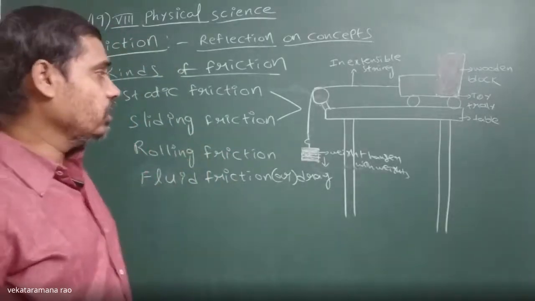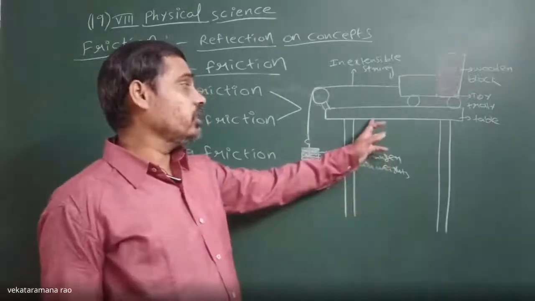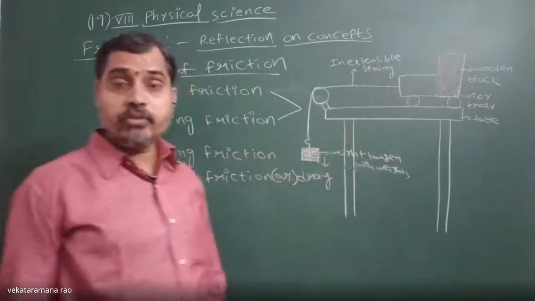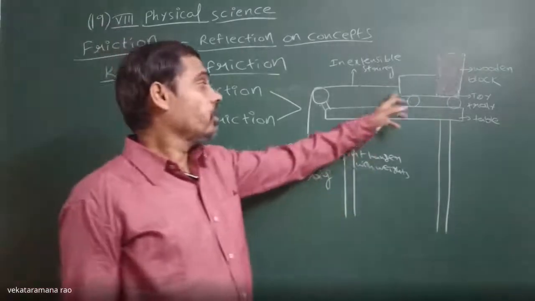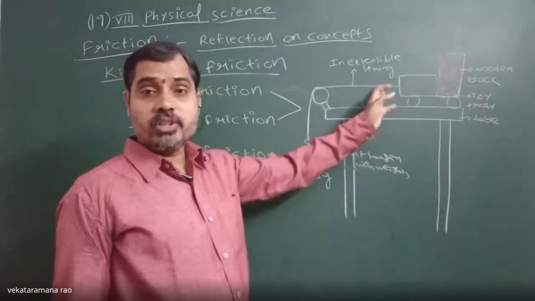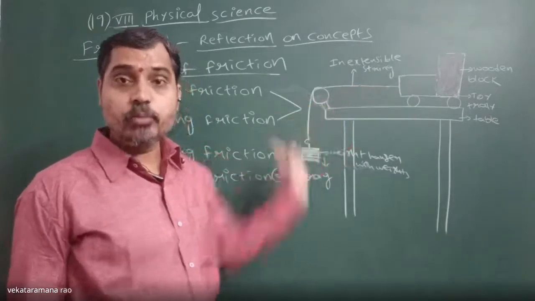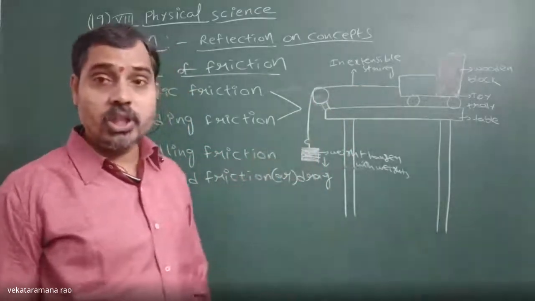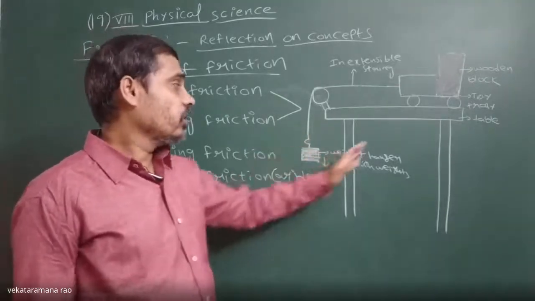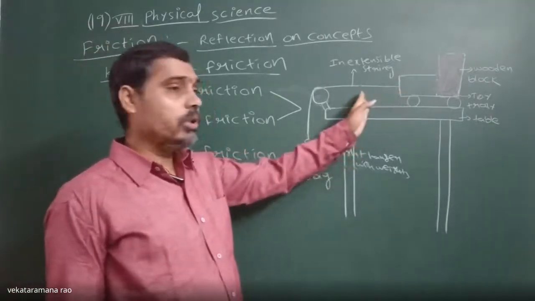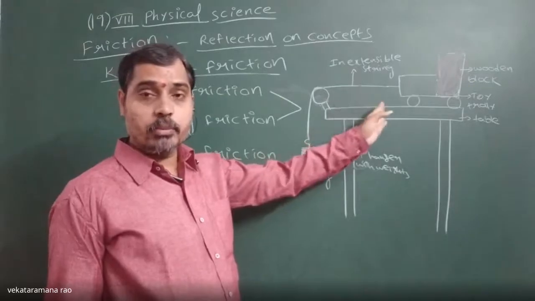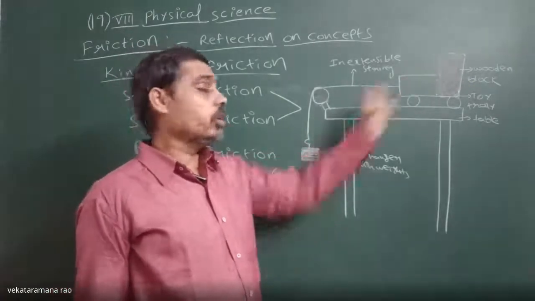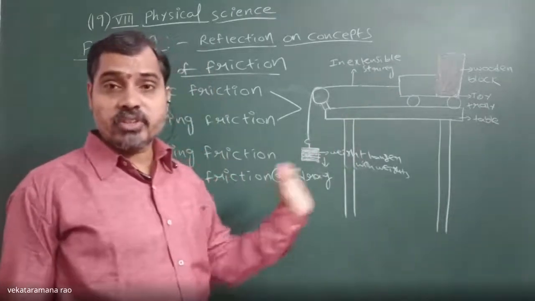Then there will be a limit for this static friction, a limit for the frictional force which is acting in the direction of motion. If you go on increasing the weights, this toy trolley will move, and after a little bit of distance of travel, the wooden block starts moving in the reverse direction.